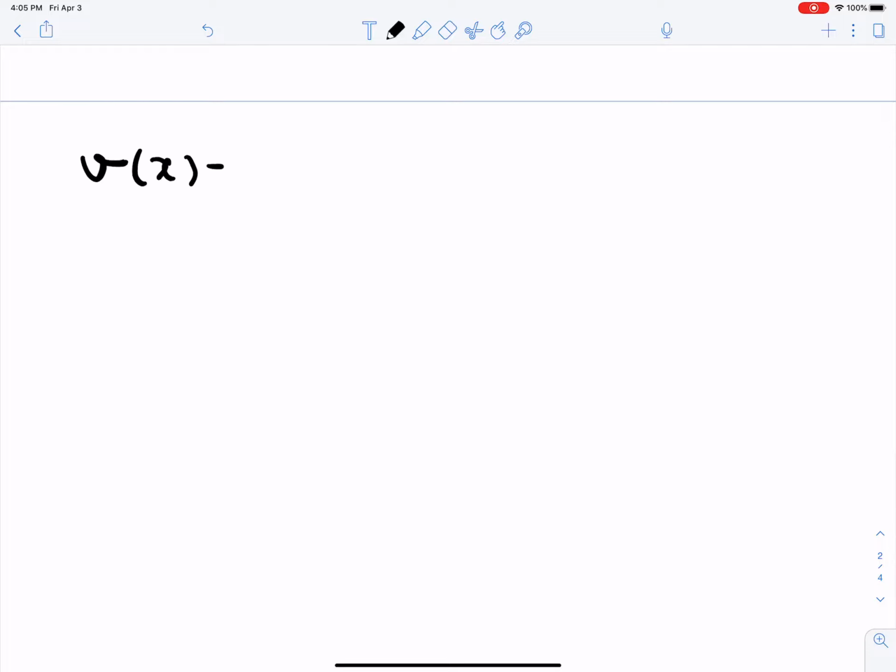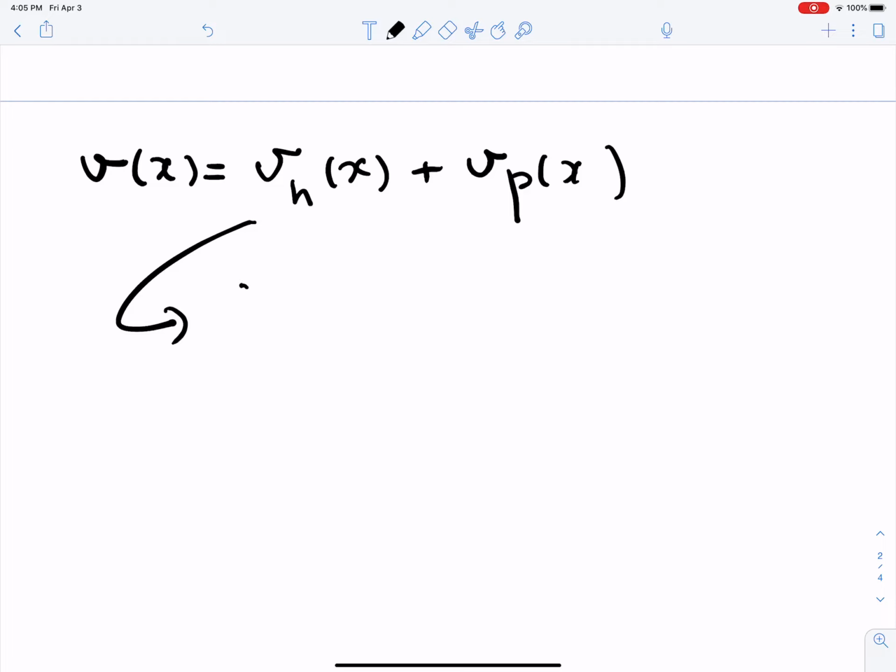Again, recall that our solution had the homogeneous counterpart, V sub h of x, plus the particular solution, V sub p of x. The homogeneous is always the same, C1 plus C2x plus C3x squared plus C4x cubed. Nothing changed there.